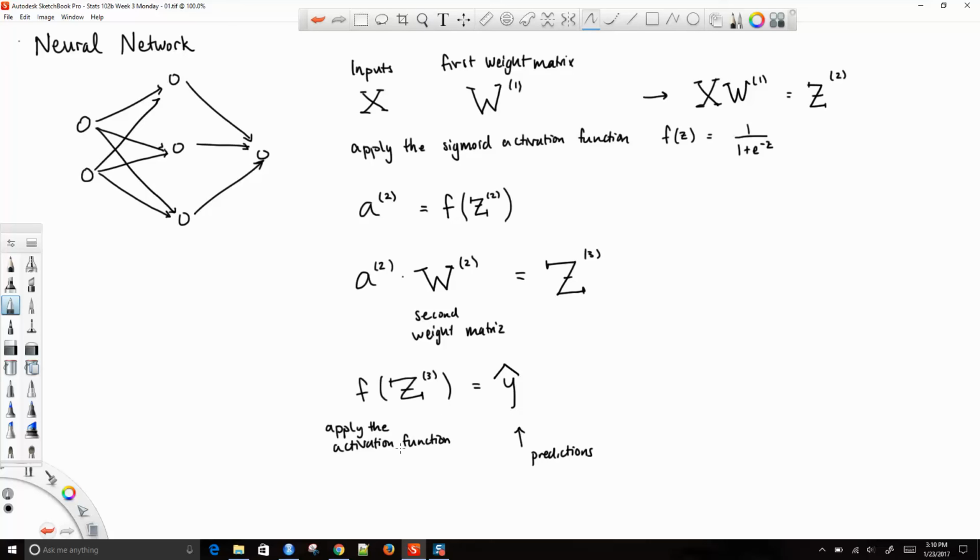And what we want to do is train the network, meaning we want to find out which set of weights work best to produce the appropriate predictions.